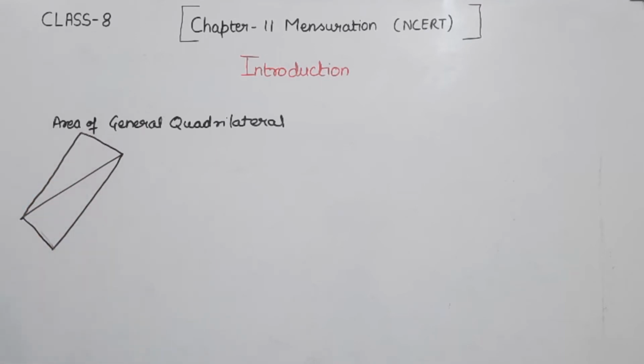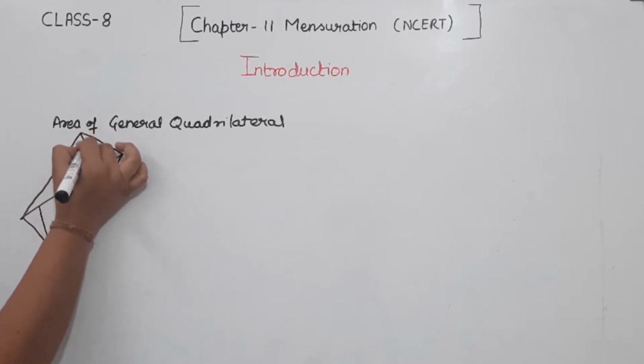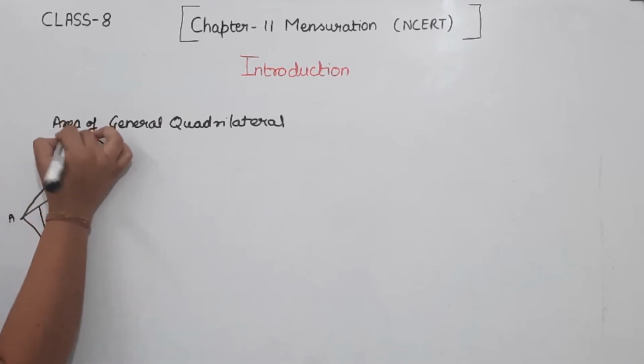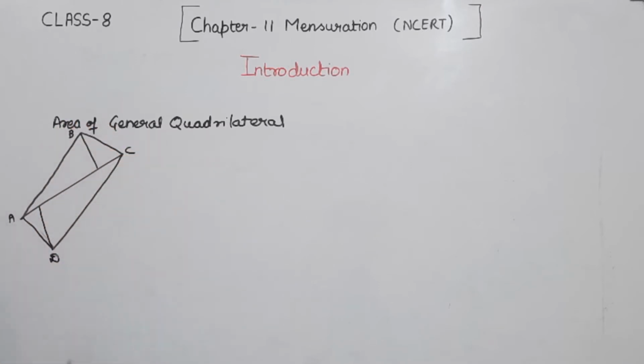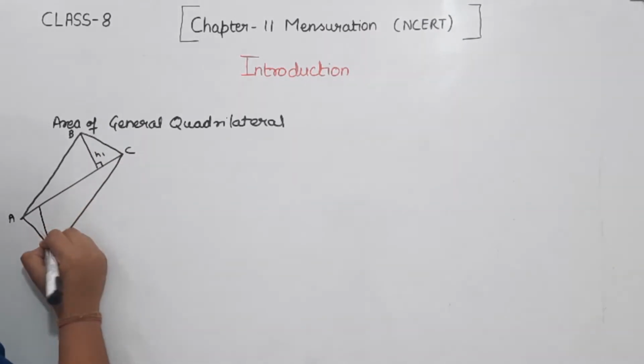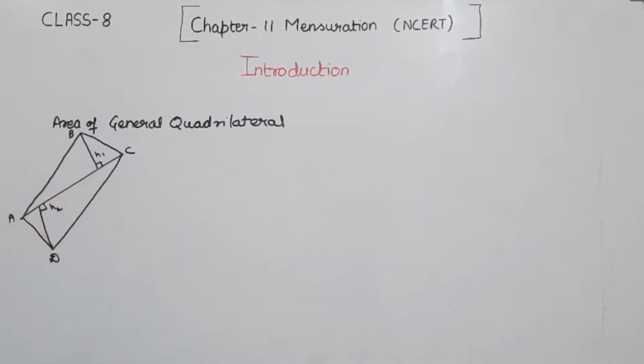This one we are having, this is the height and this one is the height we are having. Now I'm going to name this one A, B, C, D, and this one is the height 1 we are having and this one is the height 2 we are having. Now we have to find the area of this one.